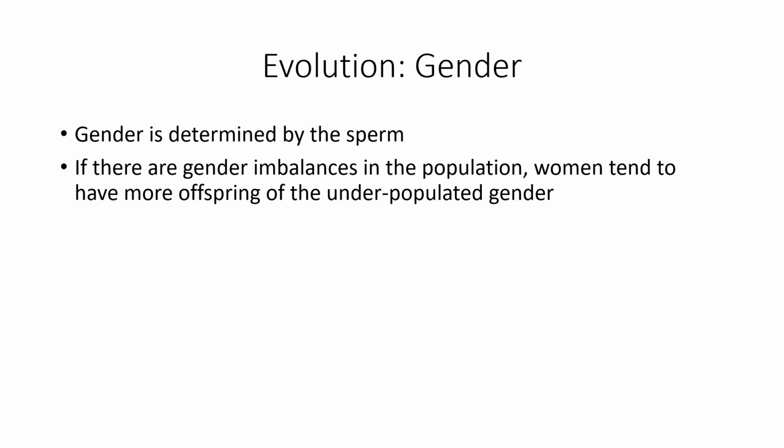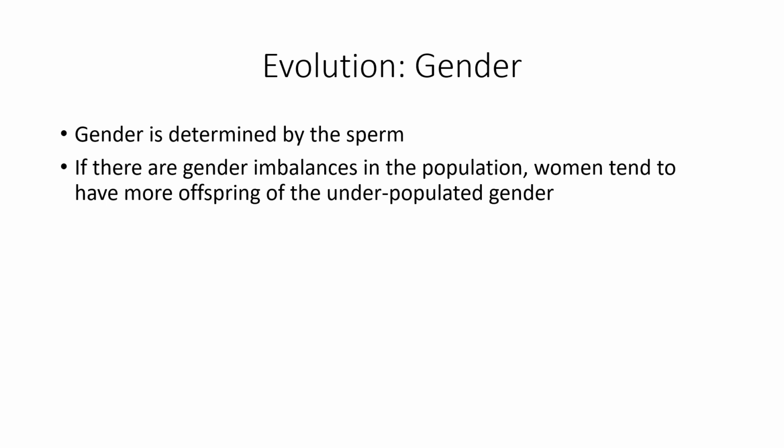What ends up happening is women tend to have more offspring of the underrepresented gender simply because that's an evolutionary advantage. The gender that's underrepresented tends to get to be the chooser, and the others compete for them, which means the underrepresented gender has more mating opportunities, male or female.